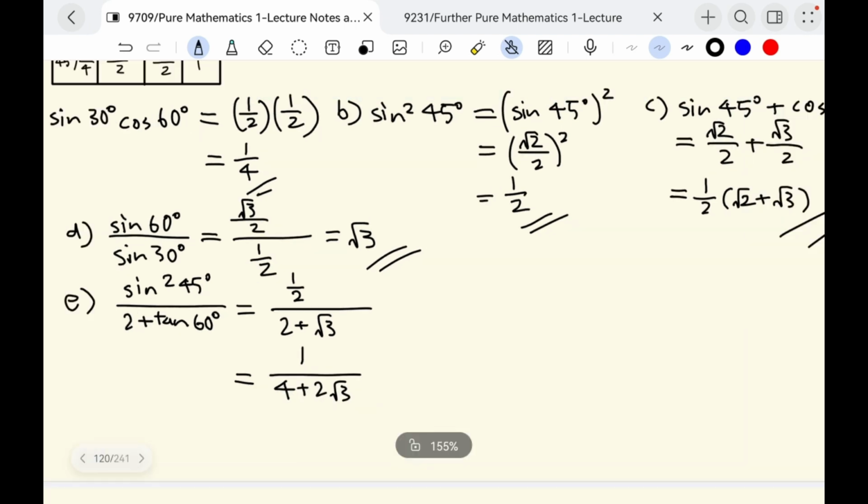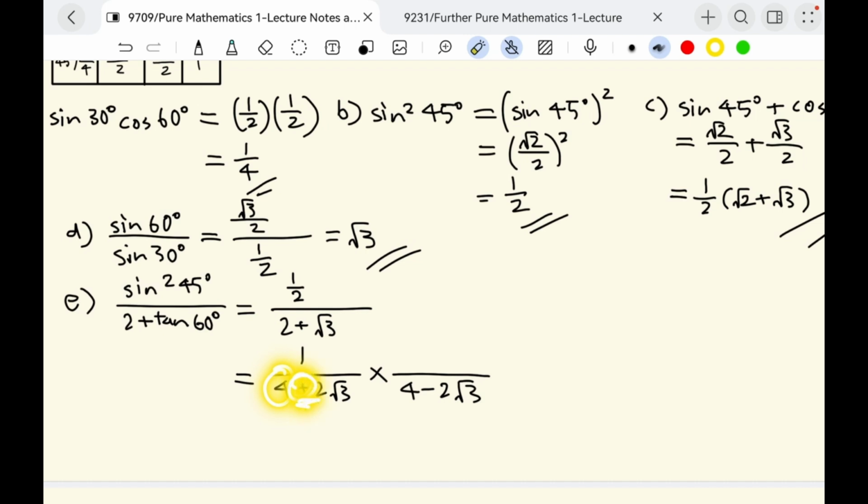But if you want to make your root on the numerator, what you can do is carry out the conjugation. So just multiply by the 4. The plus sign changes to a negative sign in the denominator and numerator, to satisfy its equality. Okay?